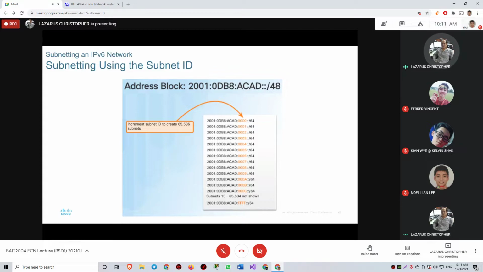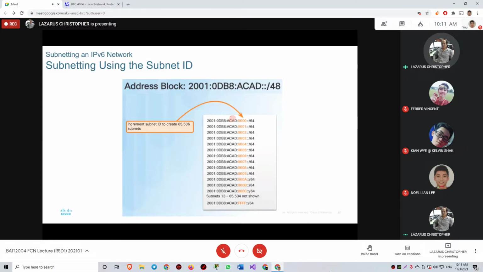Notice that we don't have to borrow bits over, because right now this is how they do it. 16-bit is given to the organization to provide subnets. So you can create up to 65,536, I think, subnets. Together they form the /64.